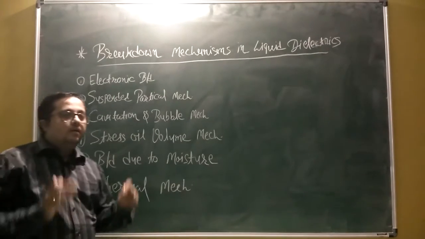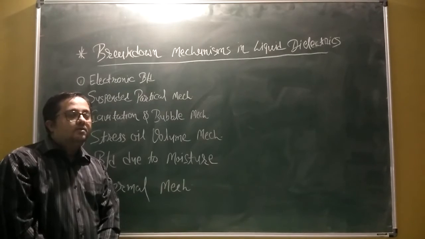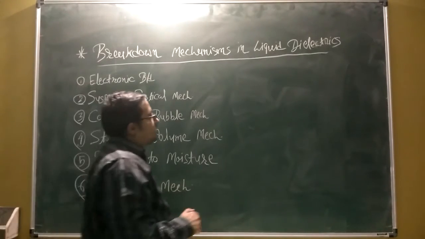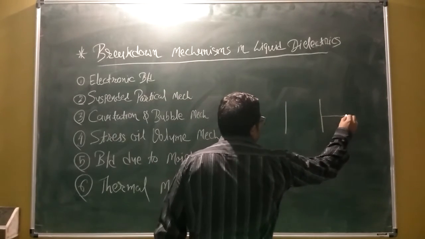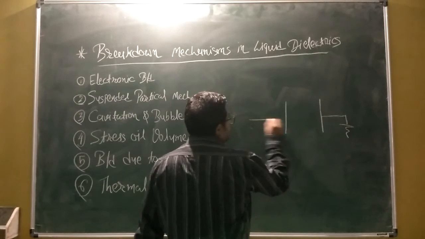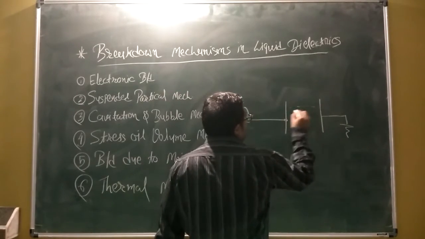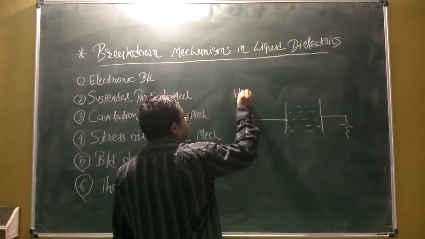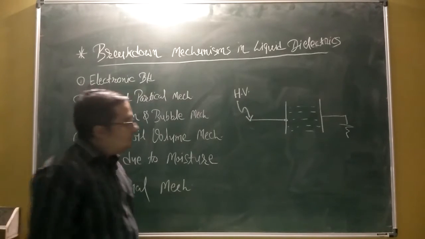There are a number of processes which we can see with liquid dielectrics to observe the formation of the spark when two electrodes are separated by a liquid dielectric under the application of high voltage stress. Clear?